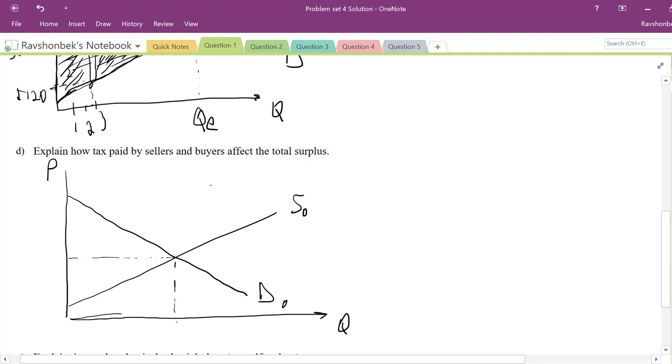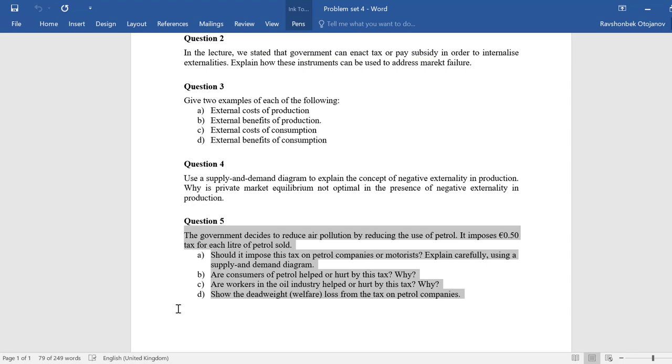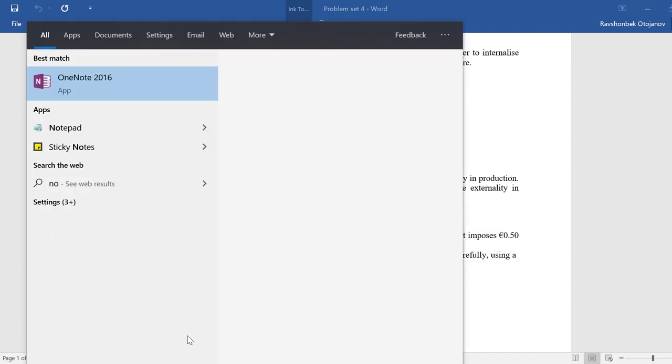So right now we have quantity equilibrium, price equilibrium. This huge area here is basically the total surplus. This is the market equilibrium here.